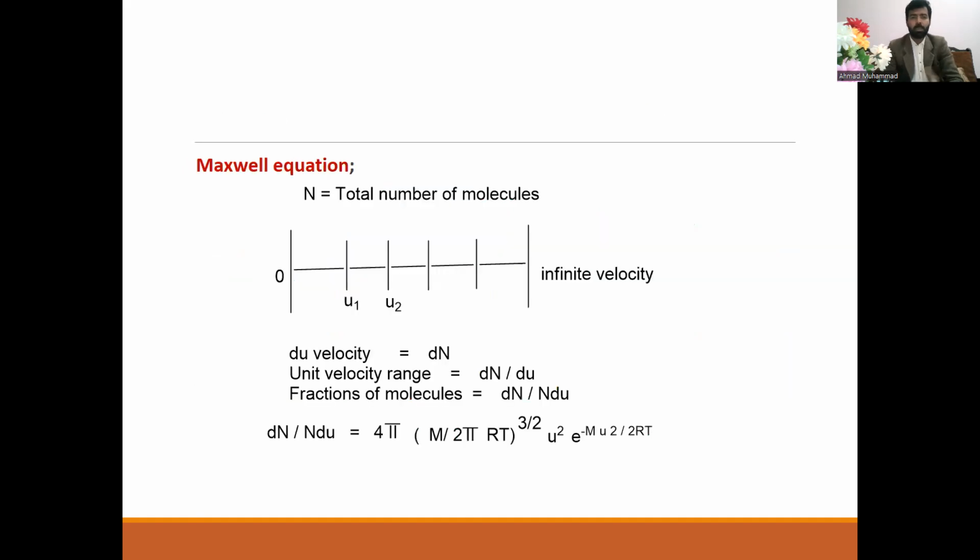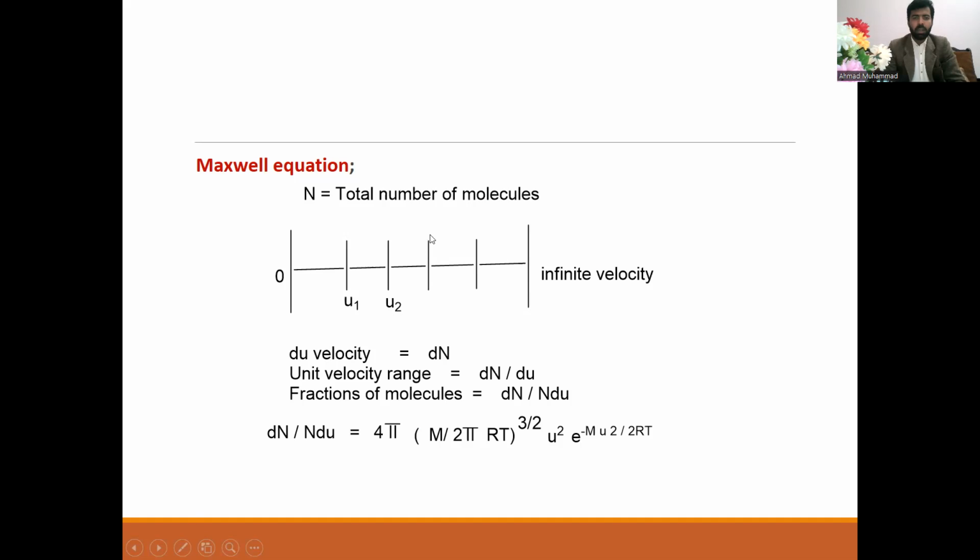If we talk about the Maxwell equation, we know that in a container, the gas molecules move with different speeds. For example, some particles are moving with the speed u1, and some with the speed u2, and similarly with u3 and u4, up to infinite velocity.